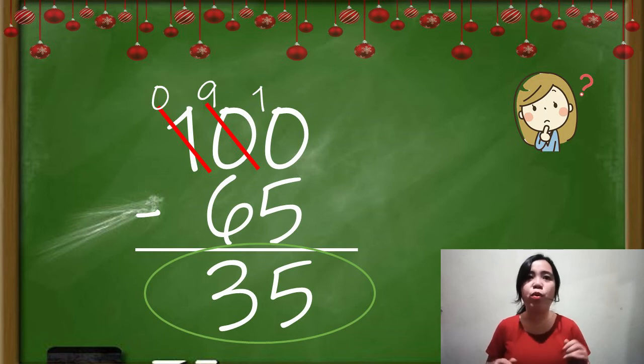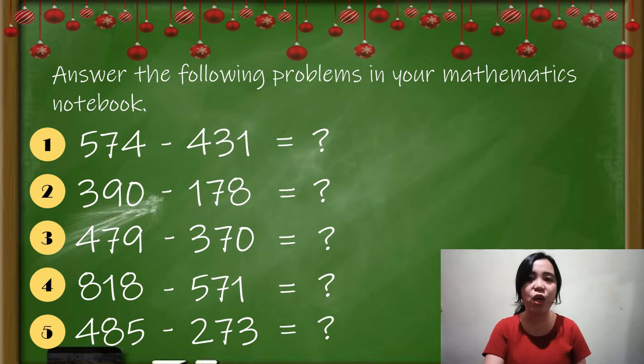So, did any one of you get the correct answer earlier? I think some of you got the correct answer. So now, I want you to bring out your mathematics notebook and please answer the following problems. I have here 5 problems. Can you please read? We'll start with number 1 and number 2.